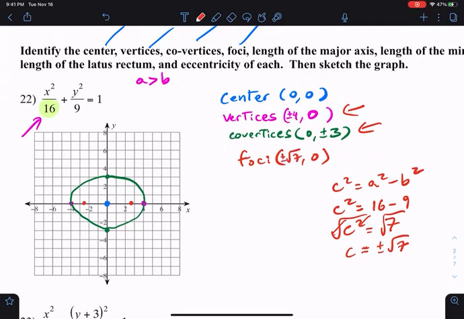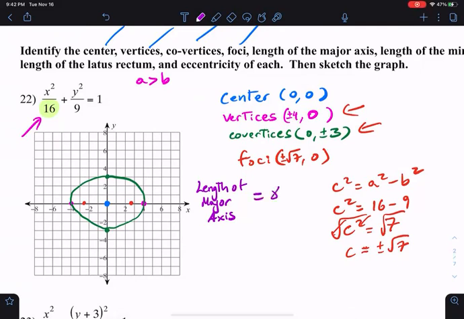Now, they're asking, what is the length of the major axis? This is very easy to tell. I mean the distance from one vertex to the other vertex, right? So the distance from negative 4 to 4 is 8 units, right?